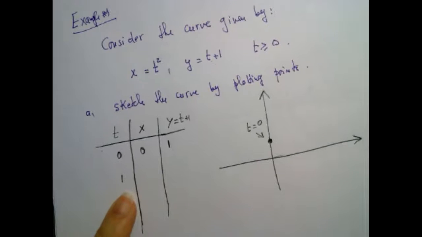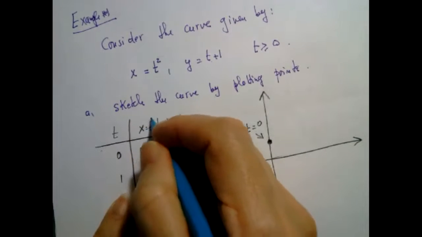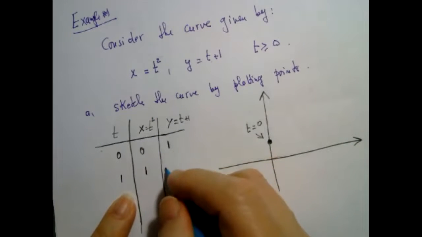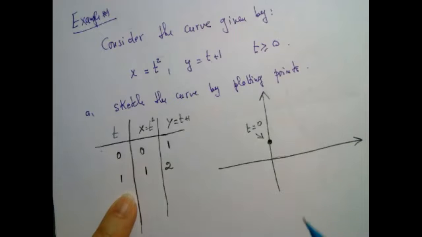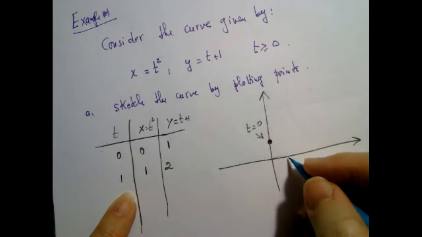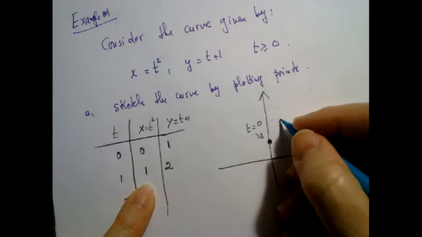That's the way we are understanding this. At t equals 1, what is my object? Its x coordinate is t squared, 1. Its y coordinate is 2. So after 1 minute, if you want 1 second, the way you want to take the unit. So for t equals 1, my x coordinate is at 1 and my y coordinate is at 2.